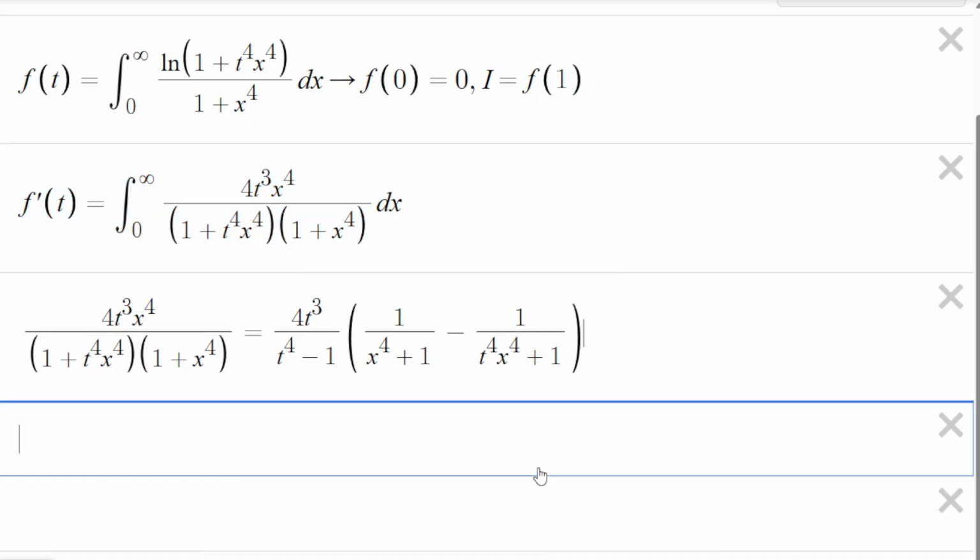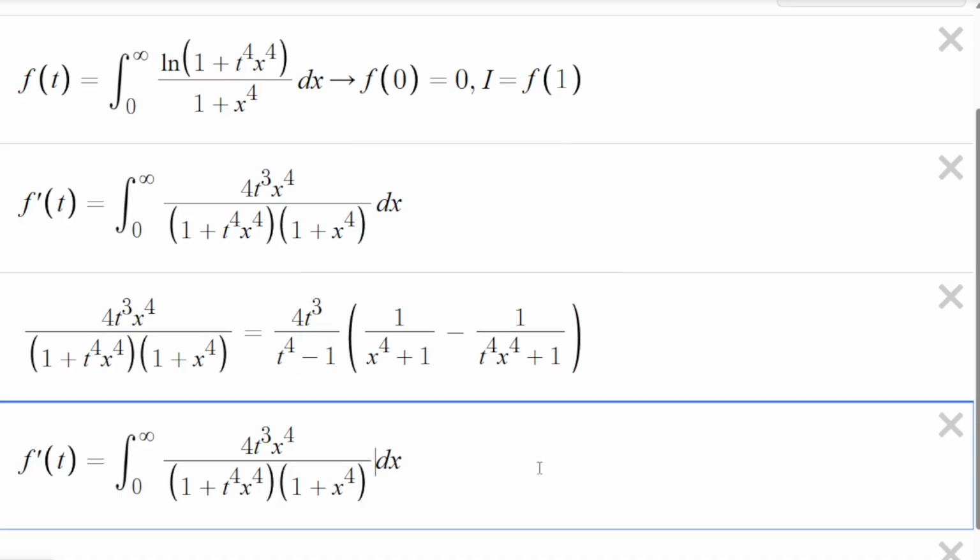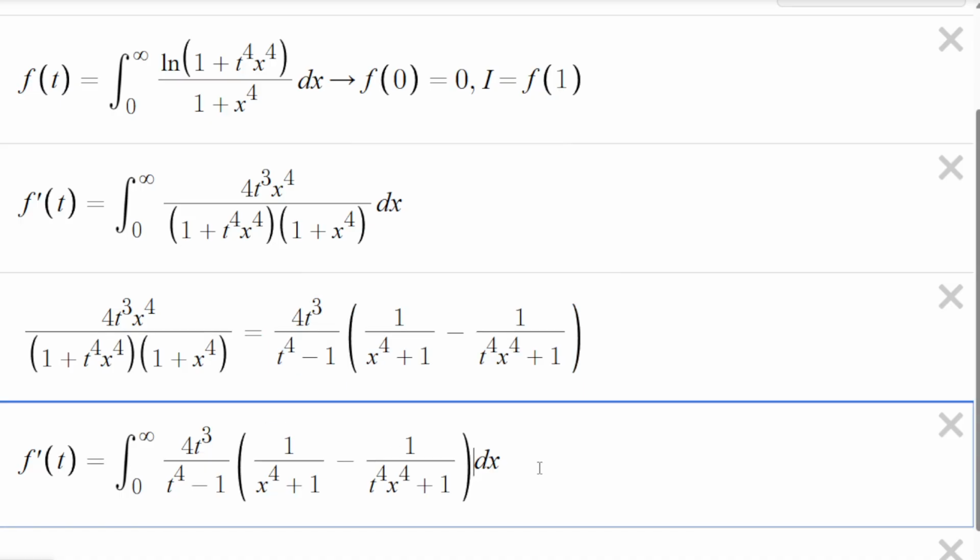So let's go ahead and rewrite our f prime of t. We can replace it like this. This is a constant with respect to x, and we can bring that directly outside the integral. And then let's split this into two separate integrals.